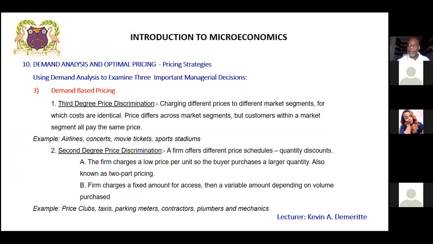So third degree price discrimination says charging different prices to different market segments for which the costs are identical. Second degree price discrimination says quantity discounts. A firm charges a lower price per unit so that buyers buy a larger quantity. Doesn't that sound like our question?